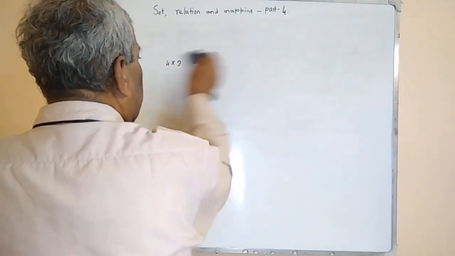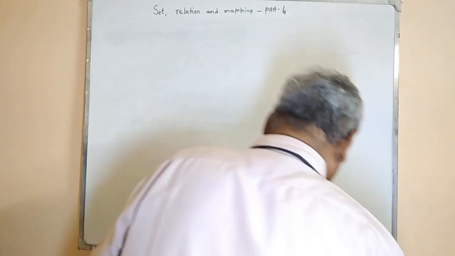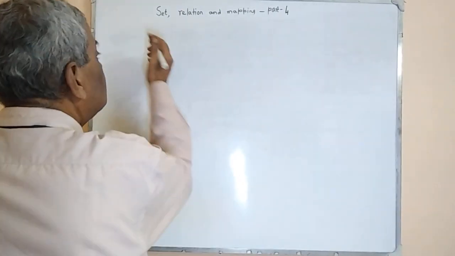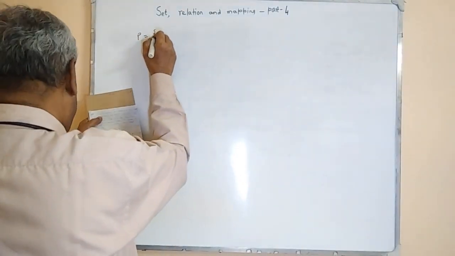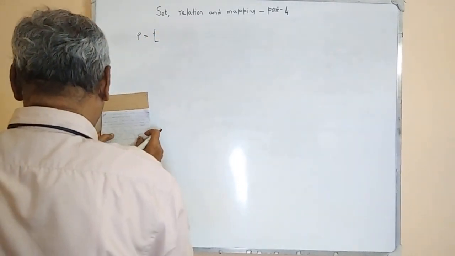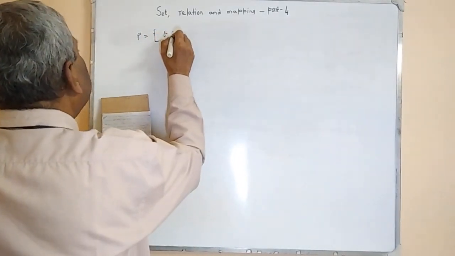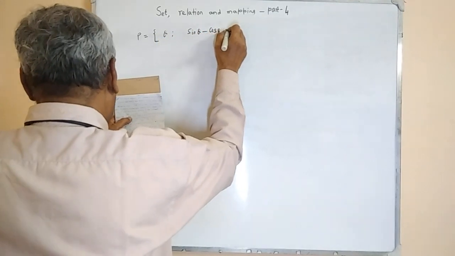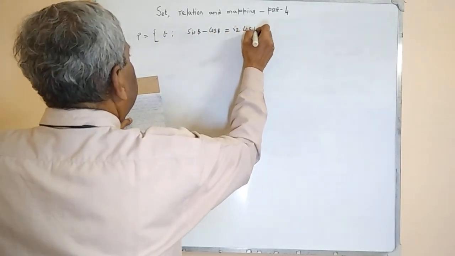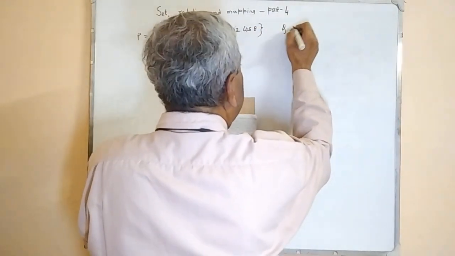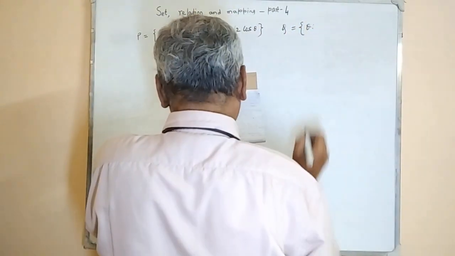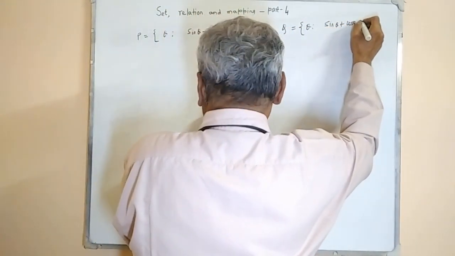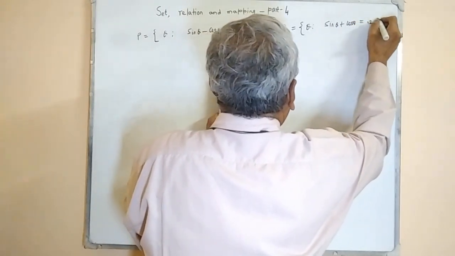Now our second problem. Let P be the set of theta such that sin theta minus cos theta is equal to root 2 cos theta, and Q the set of theta such that sin theta plus cos theta is equal to root 2 sin theta.